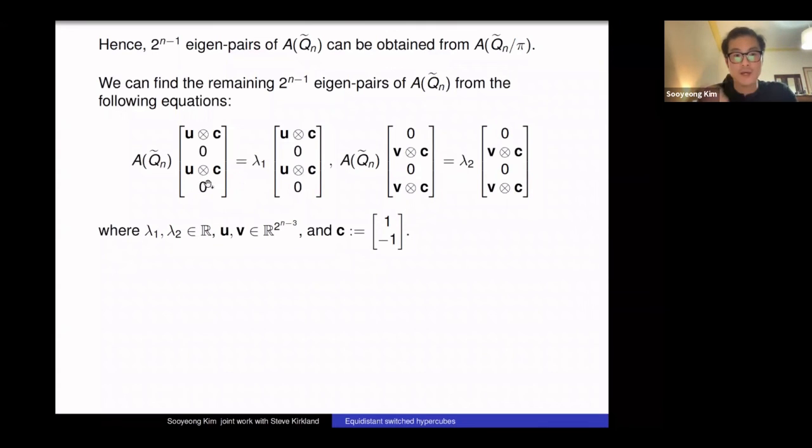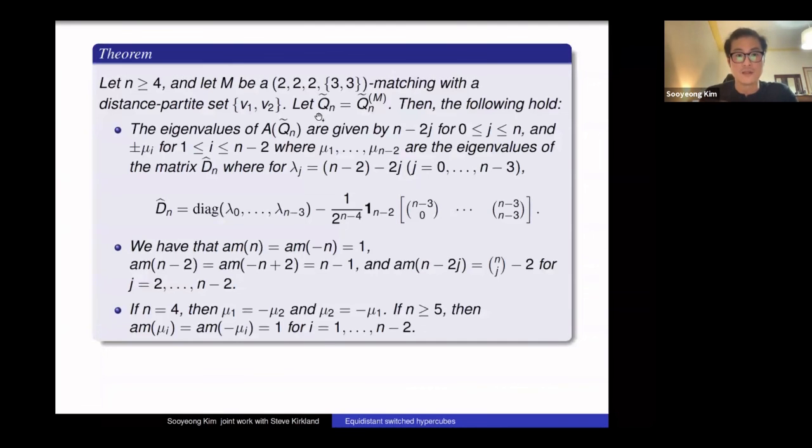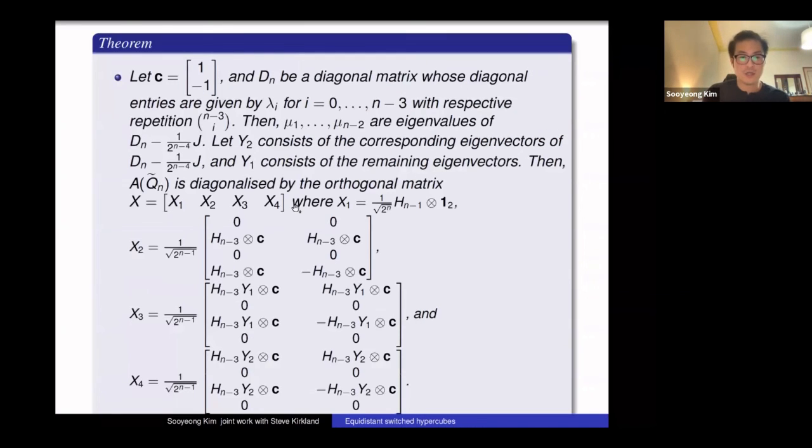So by using those things, we are able to obtain the spectral property of the equidistant switched hypercube, especially for this type of matching. And this theorem provides the multiplicities and eigenvalues, and here the particular orthogonal matrix that diagonalizes this adjacency matrix.